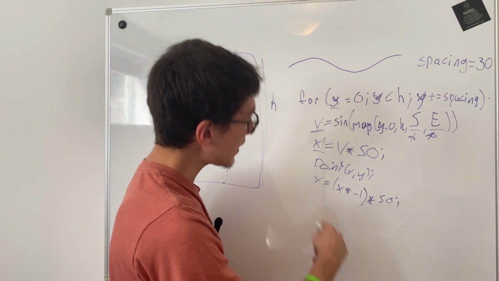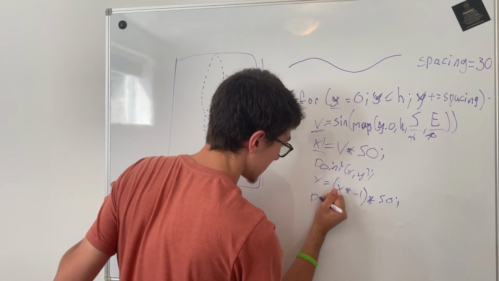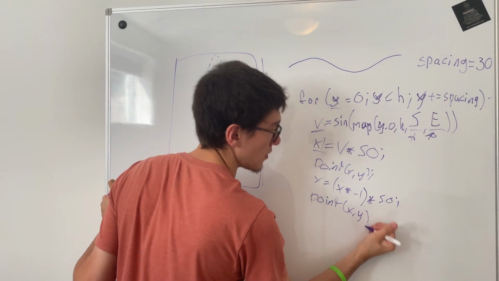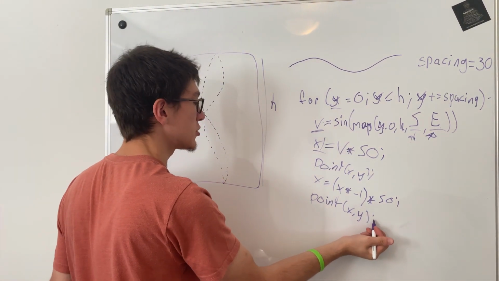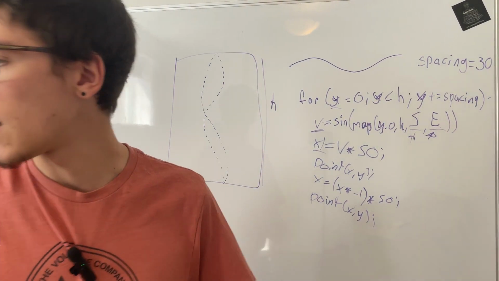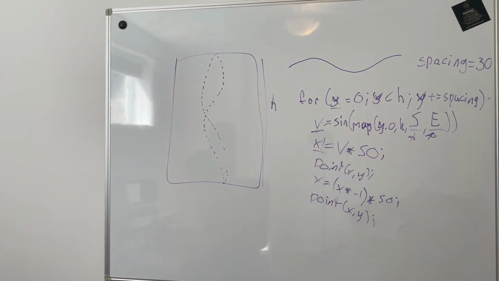And then draw a different point at that position. So this should be pretty simple, pretty straightforward. Let's start with this and see where we get with that.